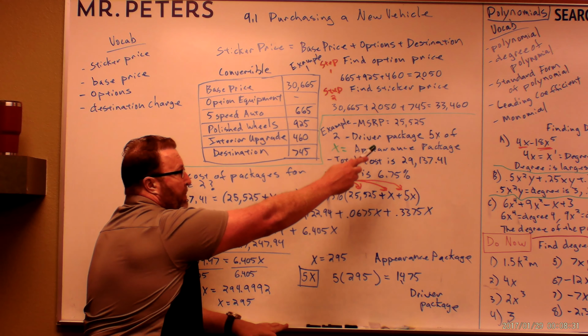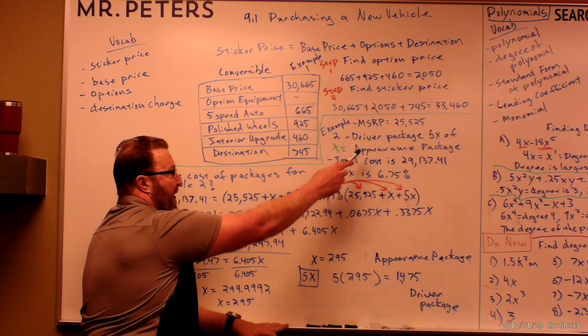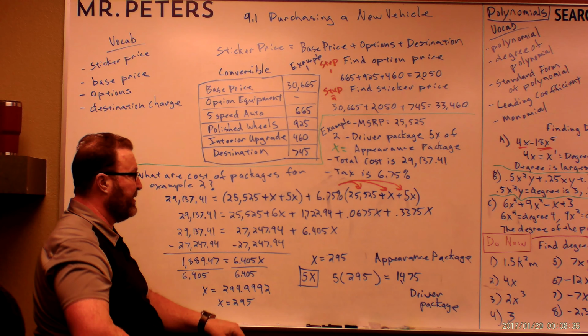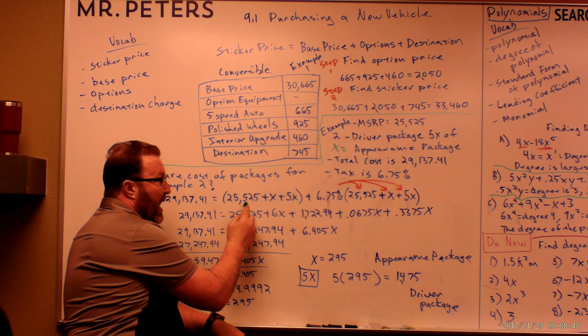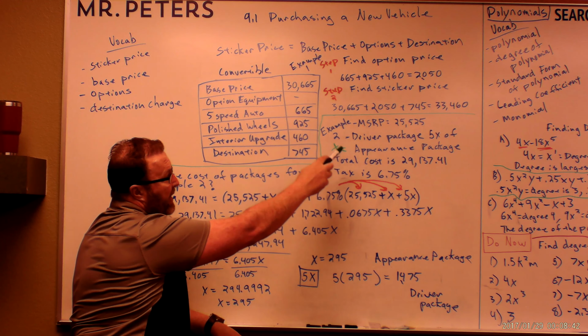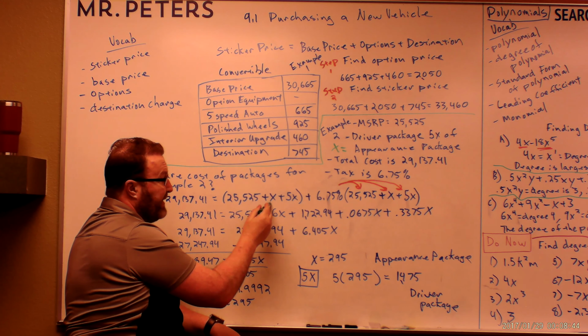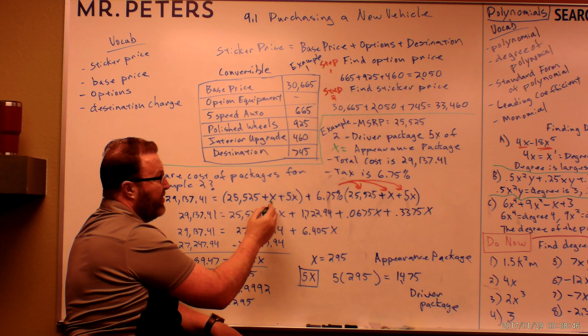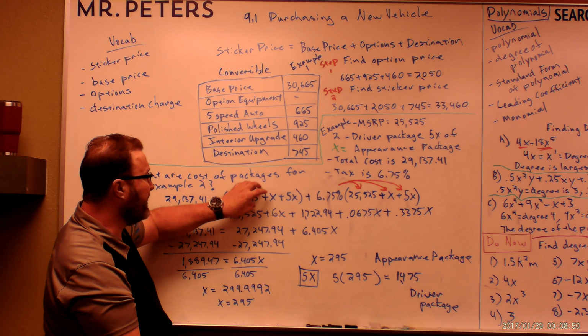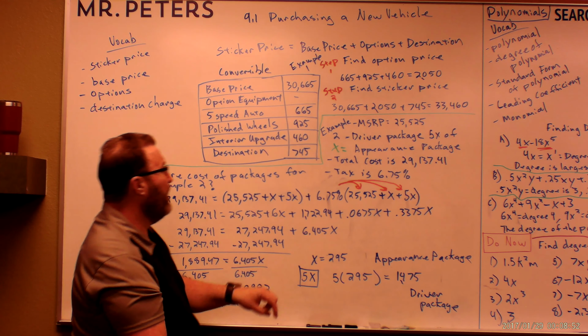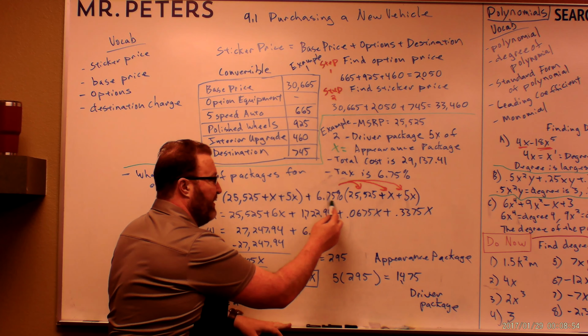Then we're gonna start adding things. So we have our MSRP, we have our driver's package, we have our appearance package. So we're gonna put this in parentheses. Understand that we're adding everything together. So if we take this amount that it's telling us, the MSRP, plus X, that's the appearance package, plus 5X, the driver's package. This is gonna give us the total amount, right? Same thing, last thing we have is tax.